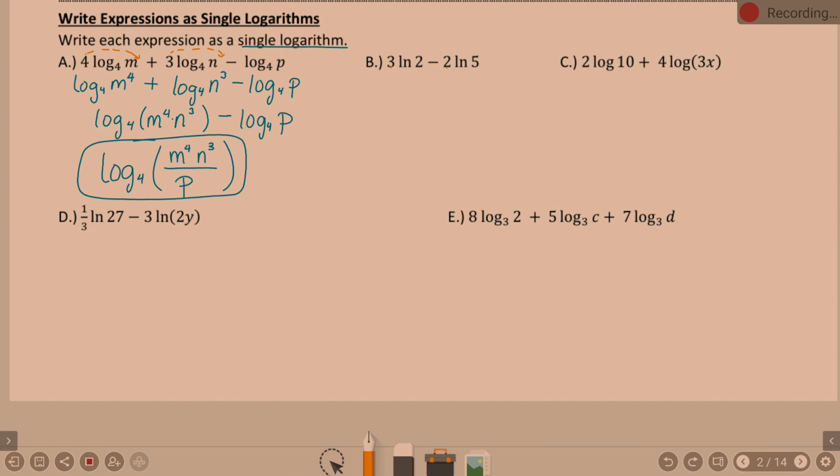So the power property says this 3 and this 2 go to the powers. This rewrites as natural log of 2 to the 3rd minus natural log of 5 to the 2nd.